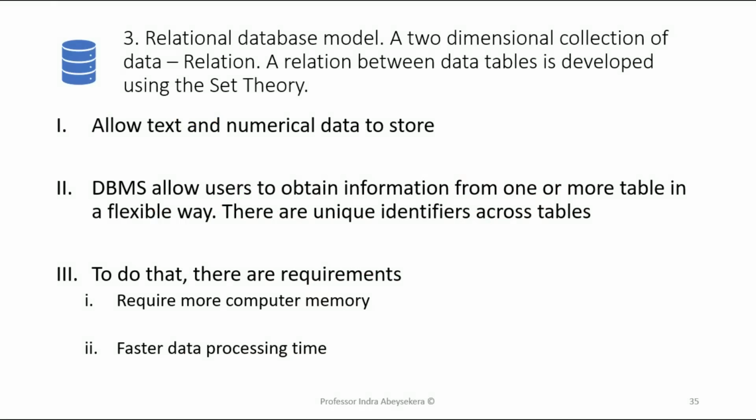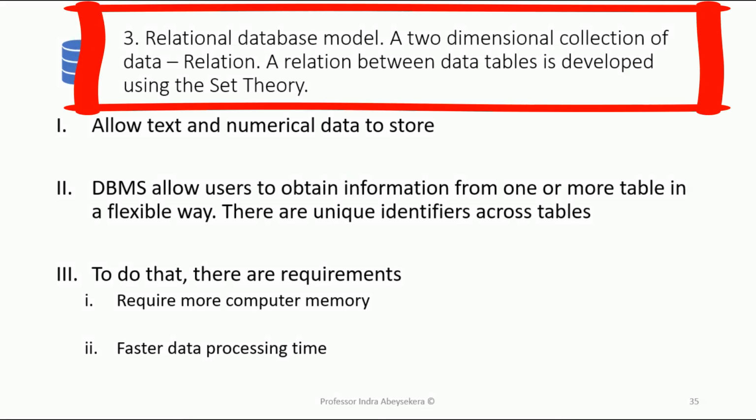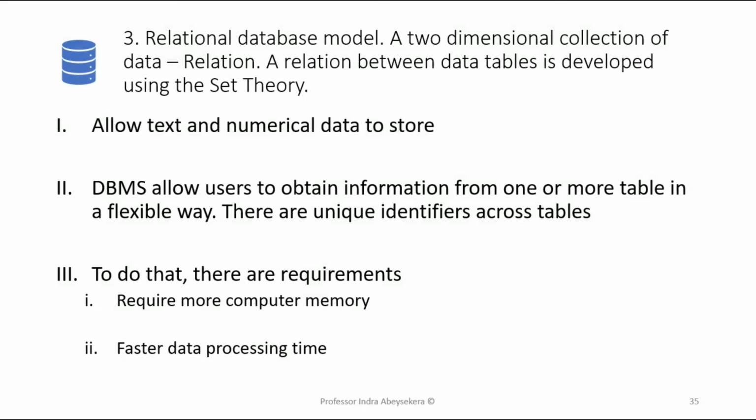A relational database is a two-dimensional collection of data, and there is a relationship between these two dimensions, the columns and the rows, in a given table.